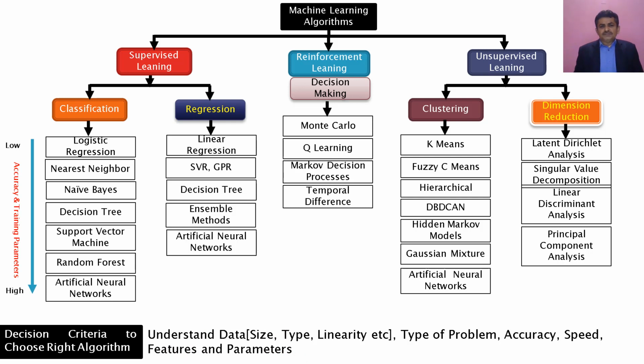I hope this video would be very helpful for you to understand and choose the right type of algorithm for your problem. While we are working with these machine learning algorithms, our most important concern is accuracy and speed. So, you must wisely choose your type of algorithm.